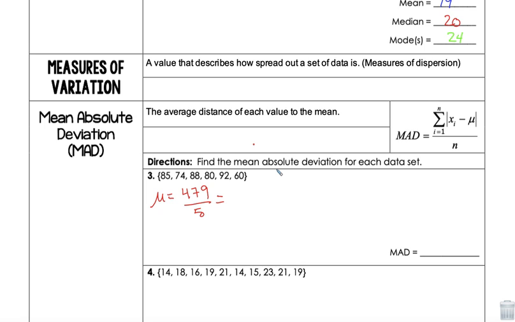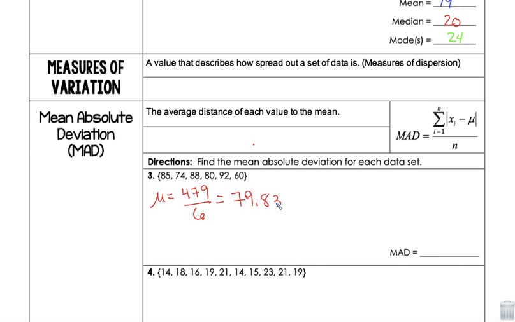Oh, did I mess something up? Oh, divided by 6, sorry. Divided by 6 is 79.83.